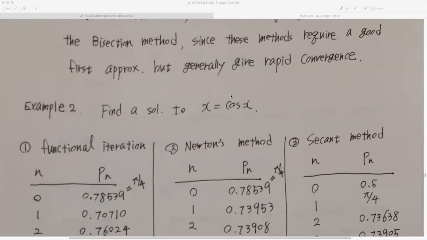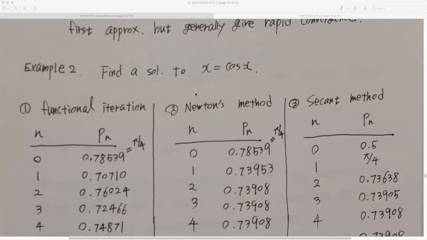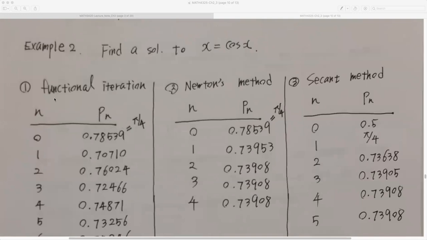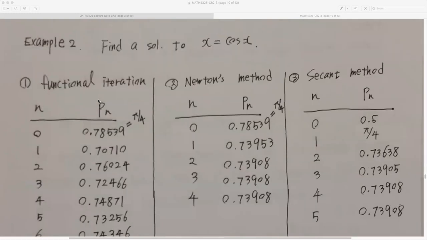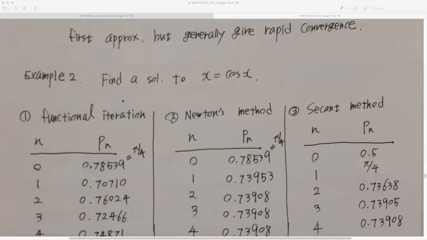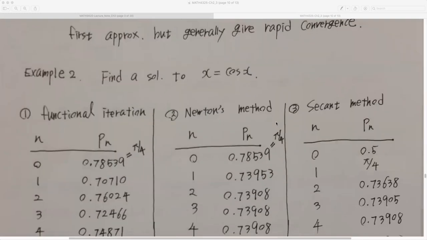Okay. So now let's see example 2 in the textbook. Find the solution to x equals cosine x, using the fixed point iteration method. So we run the Newton's method, the secant method, and the functional iteration to compare those three methods.